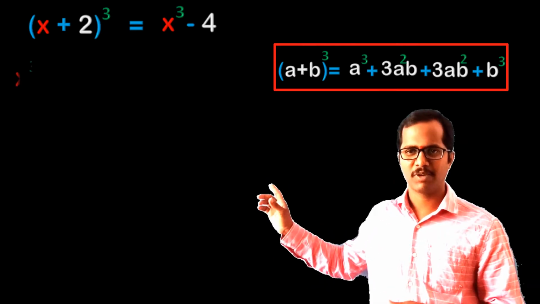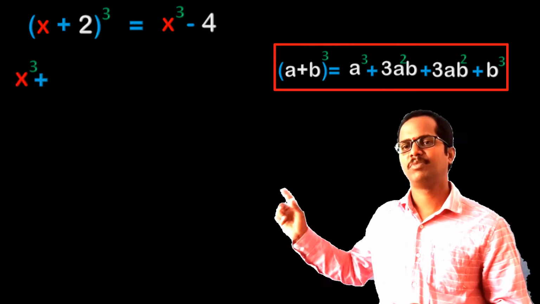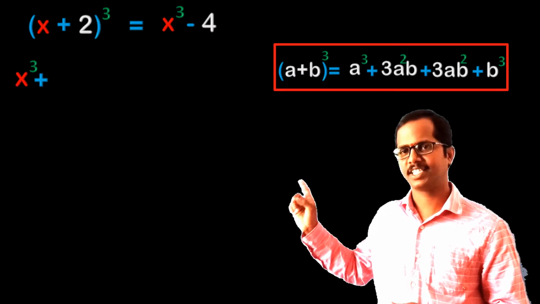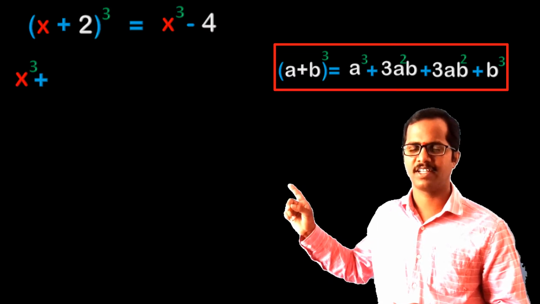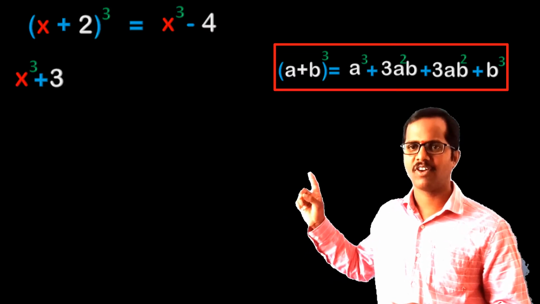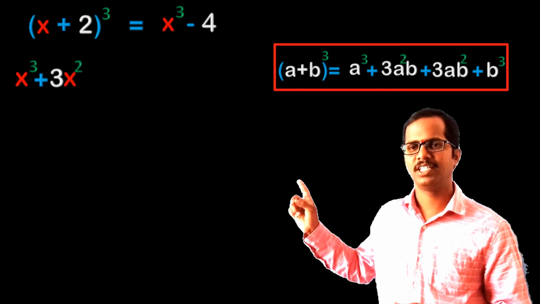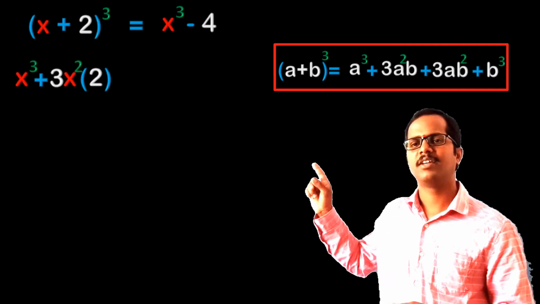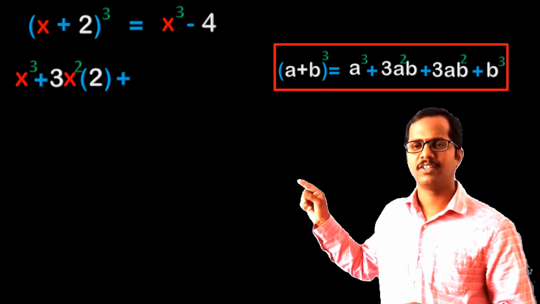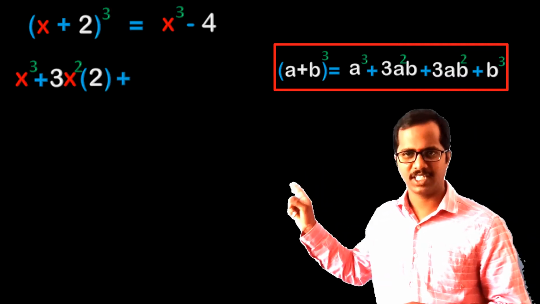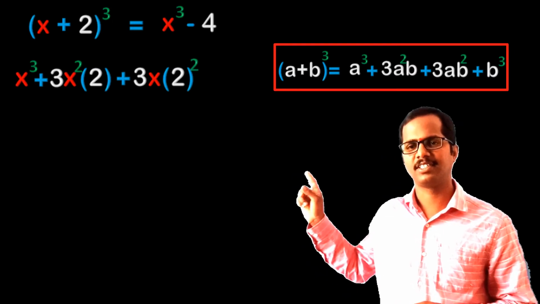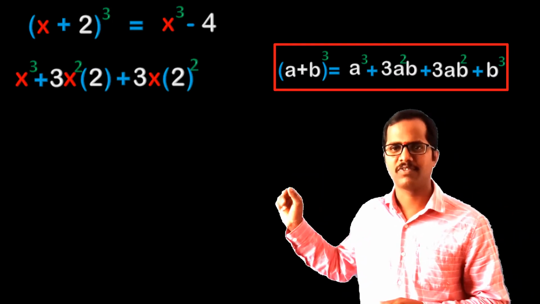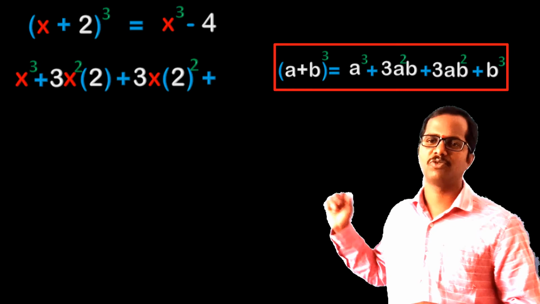So you can write a cube as x cube plus 3a square means x square, 3x square into, here b is 2, so 3x square into 2 plus b square, 3ab square. So for 3ab square what we have to write? 3 into a here x, 3 into x into 2 square plus b cube means 2 cube.